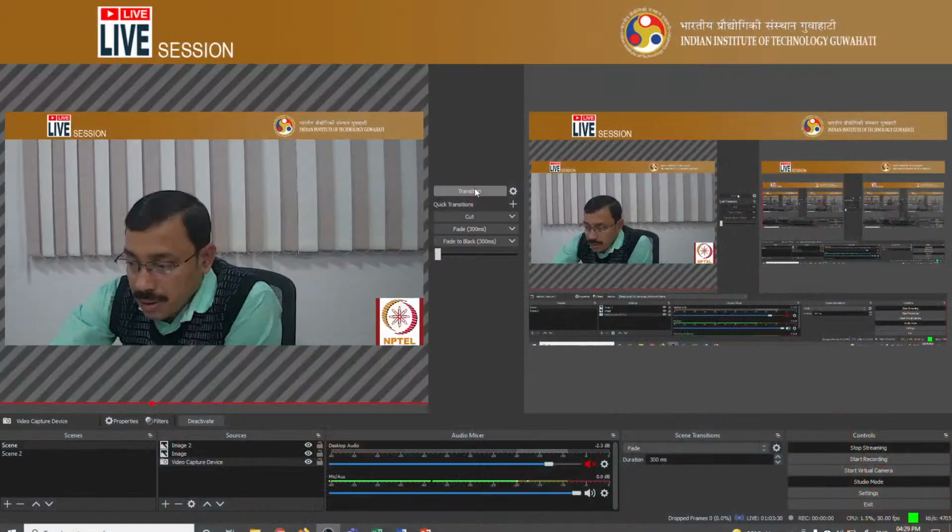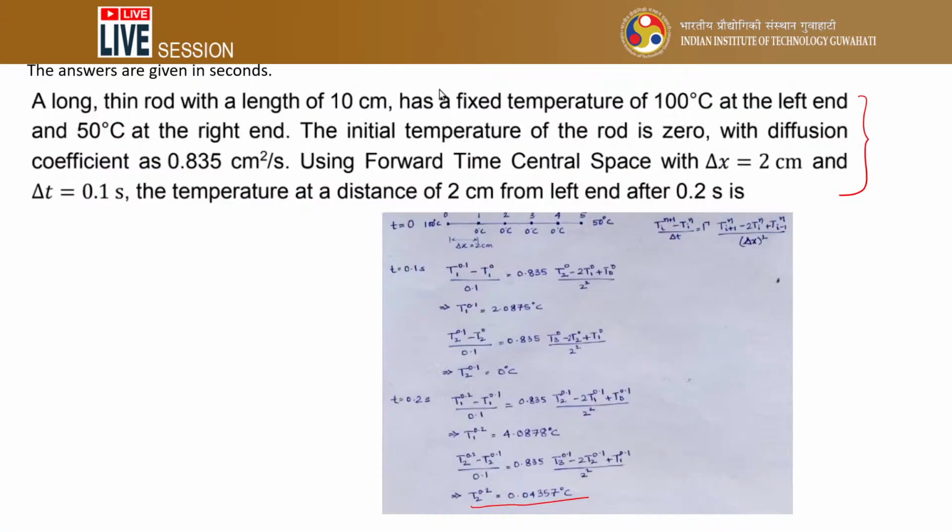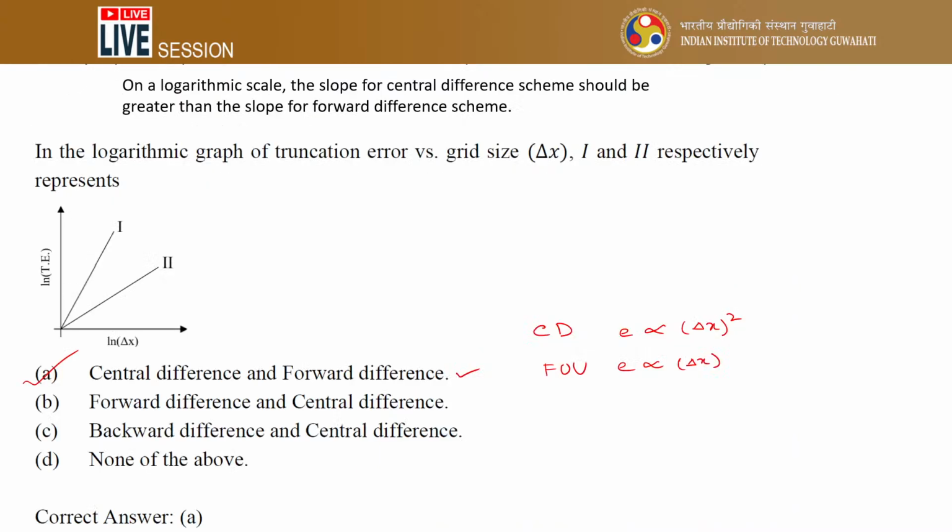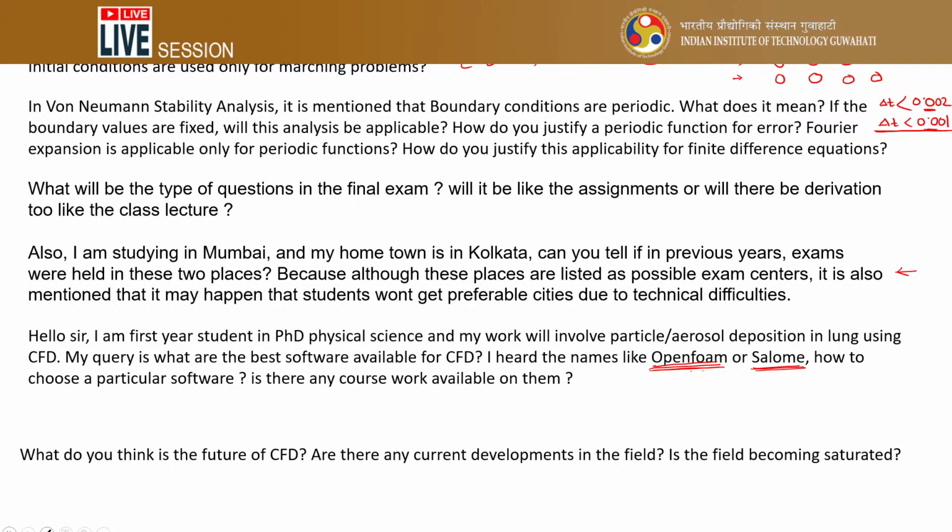Can you show the slide of this von Neumann stability analysis? One student asked because whatever was written was not visible, so it is not 100% clear. Please show this PPT once again.